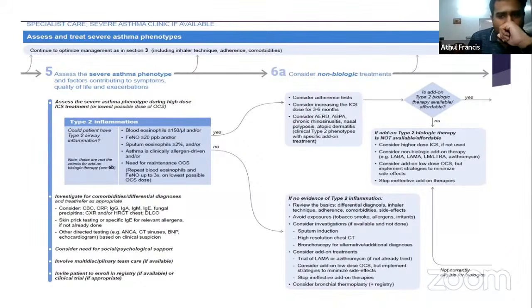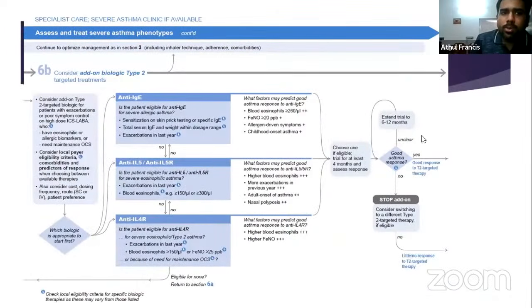So if it's not allergic-driven, always rule out other diagnoses, do a bronchoscopy, do an HRCT thorax, and consider add-on treatment with a LAMA or azithromycin.